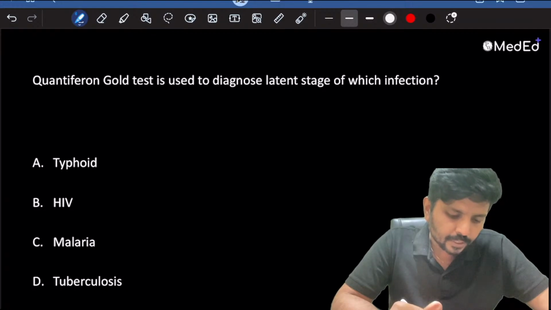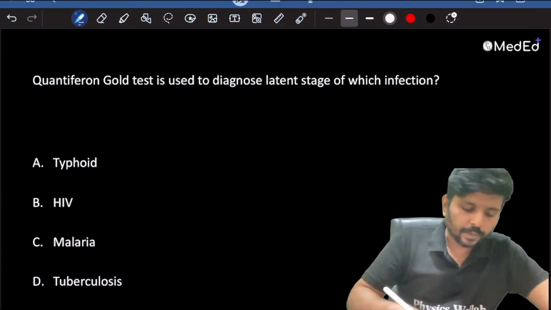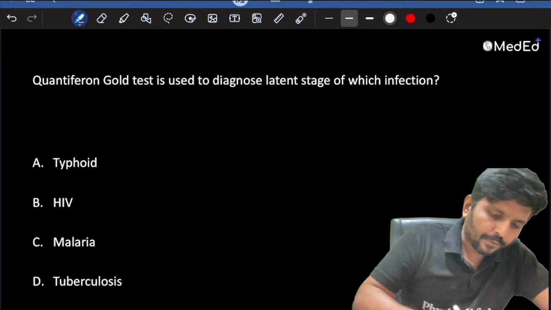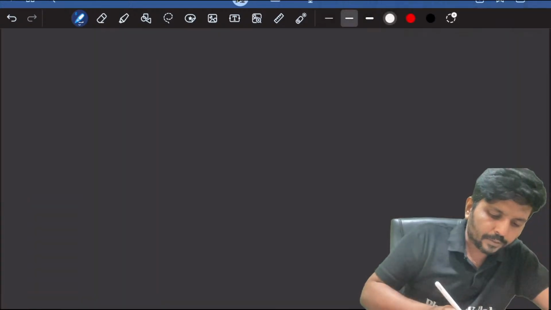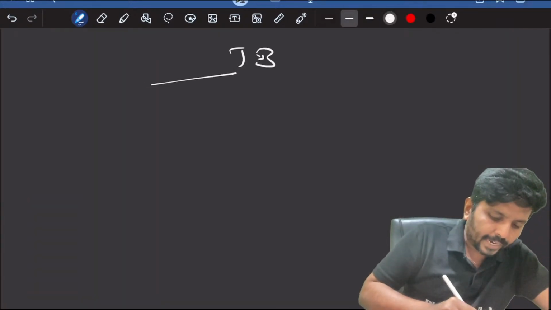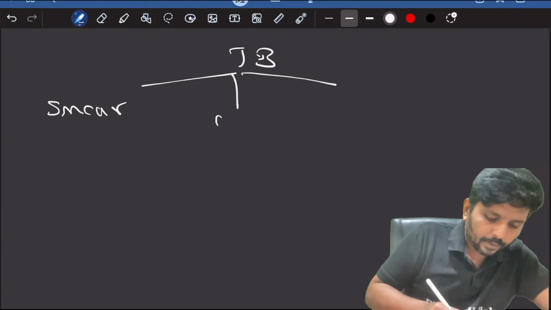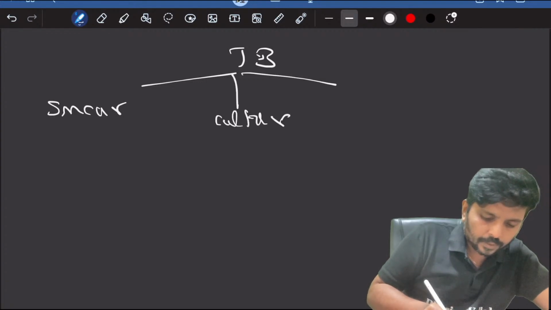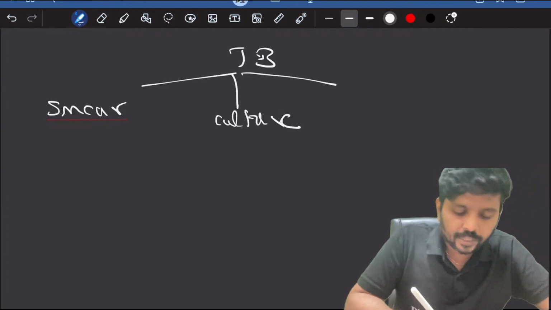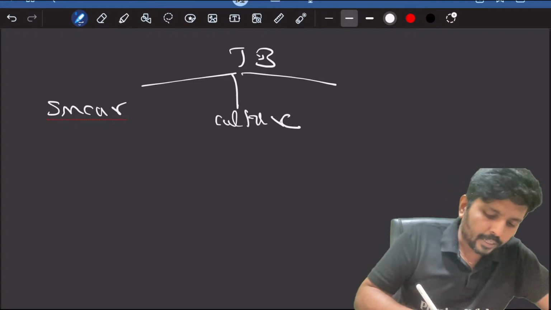QuantiFERON Gold test is used to diagnose which test? Remember, what are all the tests for TB? The direct tests for TB: one is smear, second one is culture, third one is PCR.